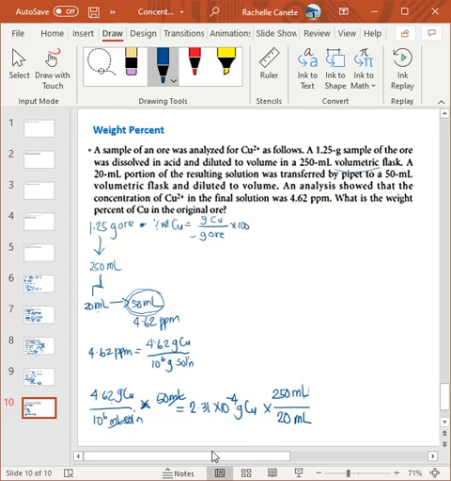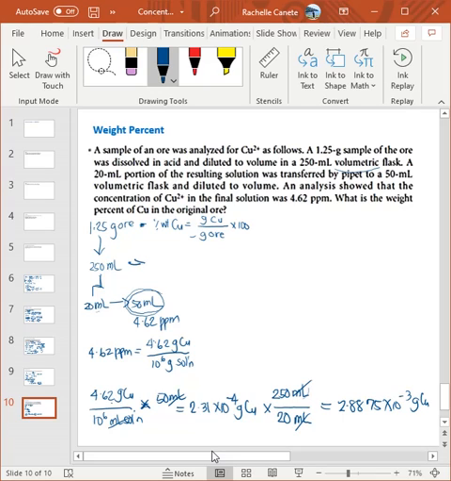That's just 250 over 20. How many 20s are in 250. Right? So you cancel ml, you get the mass of copper in 250. In the 250 ml flask, which is 2.8875 times 10 to the minus 3 grams of copper.